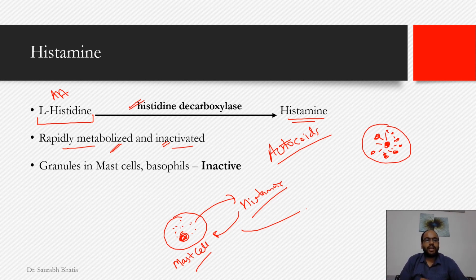Now it is stored as granules in mast cells and basophils. Now two important cell types are mast cells and basophils. These cells store histamine inside granules in their cytoplasm. So these cells have granules in the cytoplasm, and inside those granules is histamine.